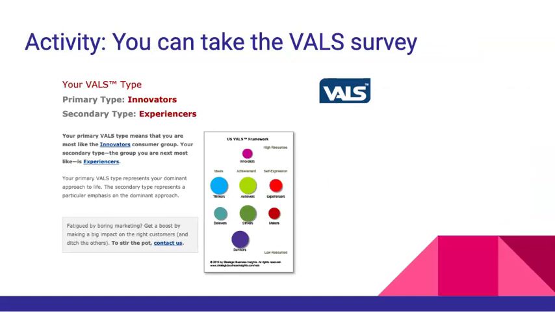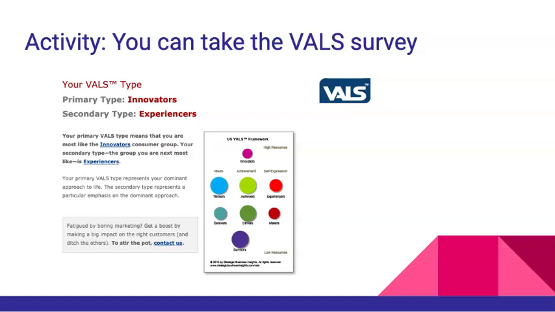So this is an activity. You don't have to show me your results or anything, but if you want to take one of these nationwide surveys, to see what kind of consumer group you are in, I think it's about 40 questions. It's not too long at all. I had to take it to put the screenshot in here, and I remember it took me not a lot of time. So this is kind of fun because it shows you your primary group.